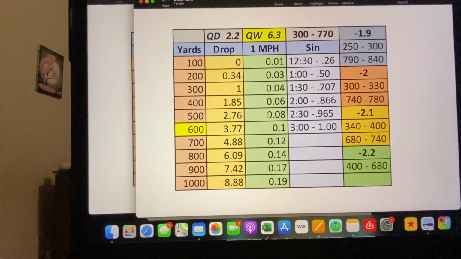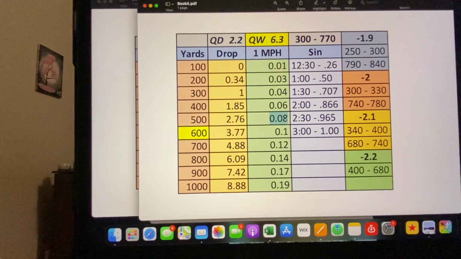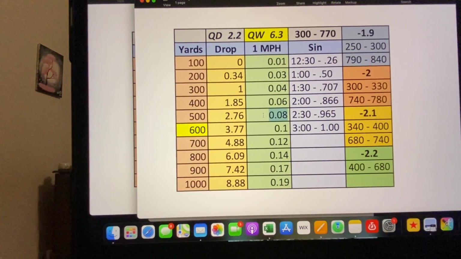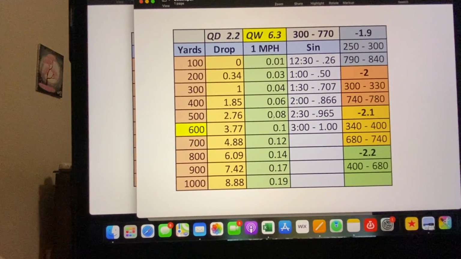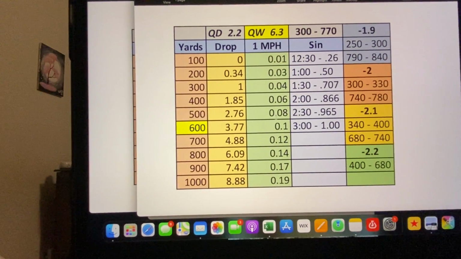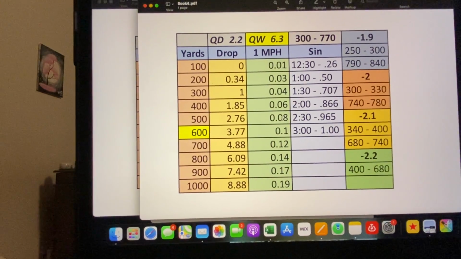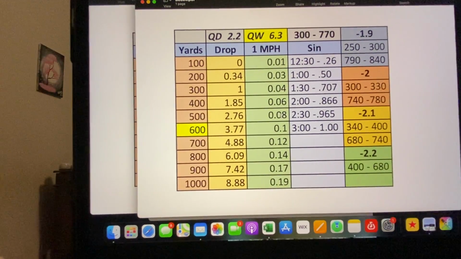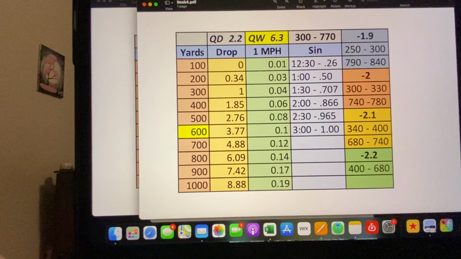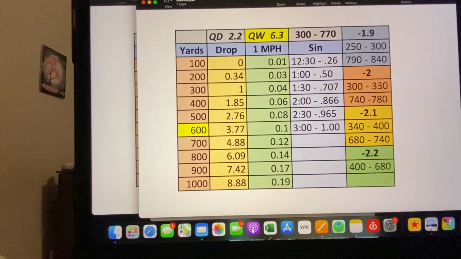It gets a little bit more tricky with the 15 mile an hour wind, but how I do 15 mile an hour is I make this 10 mile an hour wind by moving our decimal over, and then I divide that in half. So 0.8, half of 0.8 is 0.4. Then I add that half number back to our whole number.